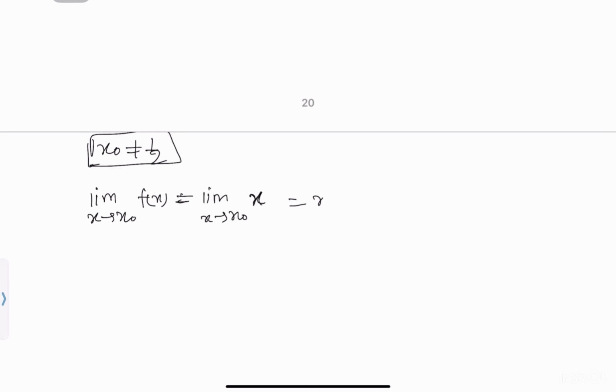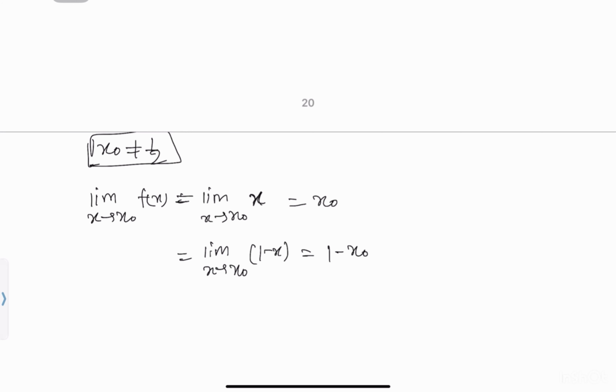That becomes x naught. So first I want to say that x naught is not equal to half, we already assumed. Whenever the function takes irrational points, then the value is 1 minus x. So that becomes 1 minus x naught.